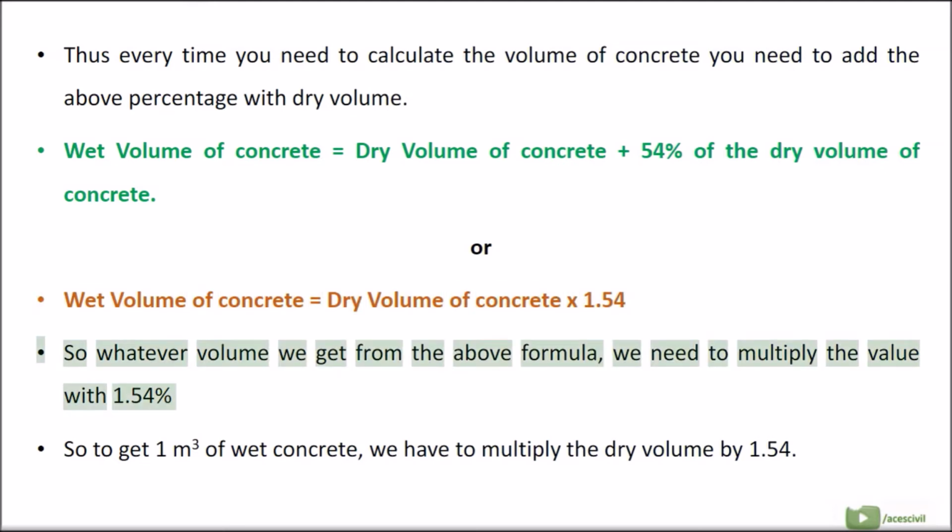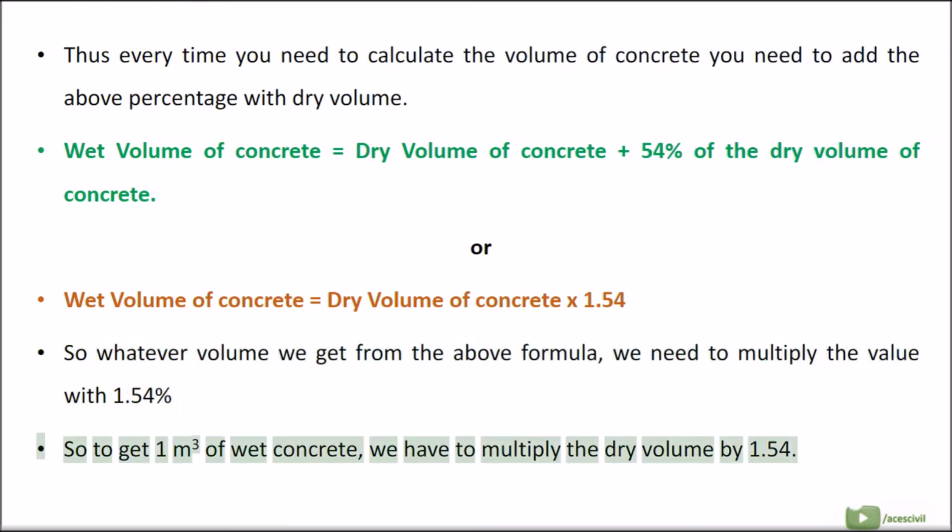So whatever volume we get from the above formula, we need to multiply the value by 1.54. So to get 1 m3 of wet concrete, we have to multiply the dry volume by 1.54.